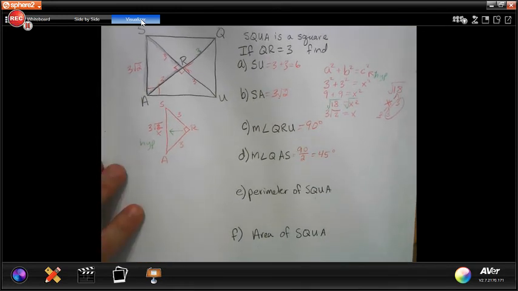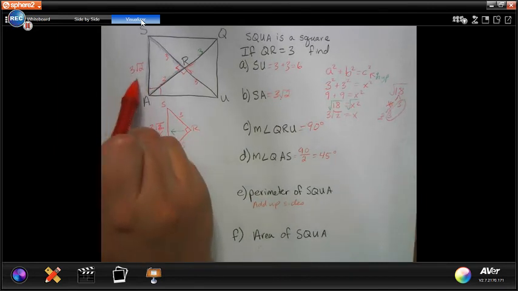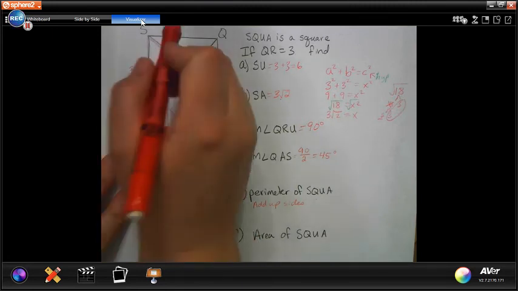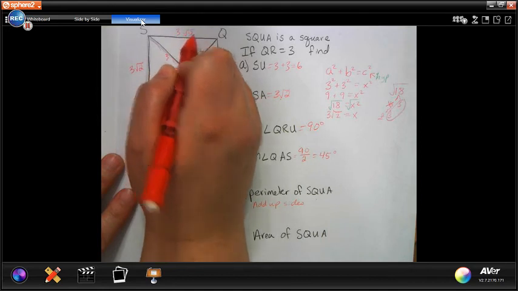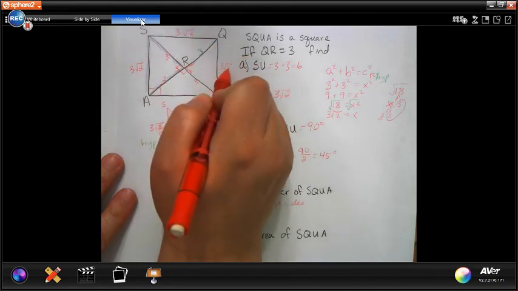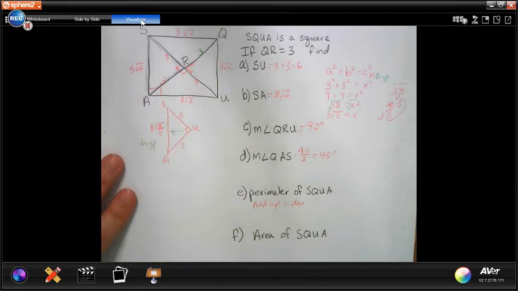The perimeter is adding up all the sides, meaning the outside sides. Since we know that SA equals 3 radical 2, then we know this side is 3 radical 2. And we know this side is 3 radical 2, because it is a square. All the sides are equal. So then we just add that up 4 times, or we could multiply by 4.